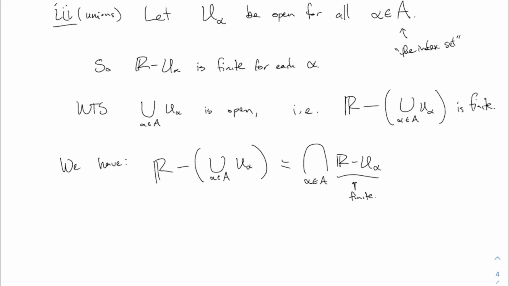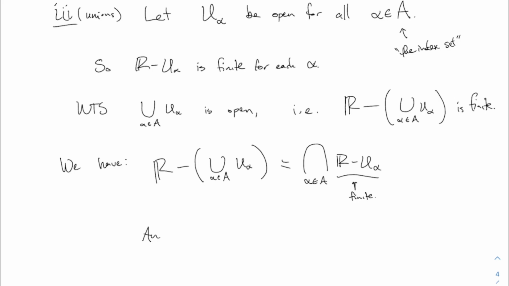And what I want to show is that this thing is finite. Well, is that finite? What I have is a whole bunch of finite sets, and I'm taking the intersection of all of them. The answer is yes, that is a finite set. Even if you only had two finite sets and took the intersection, it's finite, right? The intersection is automatically smaller than all of the individual sets that you're starting with. So even if this is an infinite intersection, uncountable, whatever, this is still going to be finite.